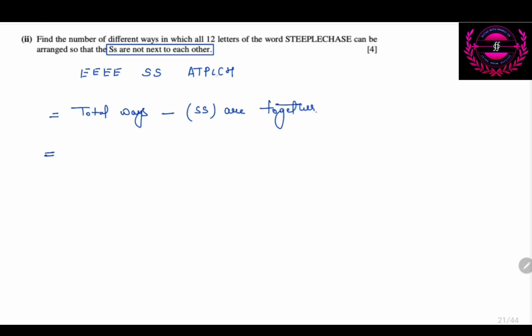So total number of ways is 12 factorial divided by 4 factorial into 2 factorial, minus: if the two S's are together, I can take S as 1. So this is 6, this is again 4. So 6 plus 4 is 10, plus 1 is 11. So when S's are together, it becomes 11 factorial divided by 4 factorial. This is for 4 E's. So this is the number of ways.